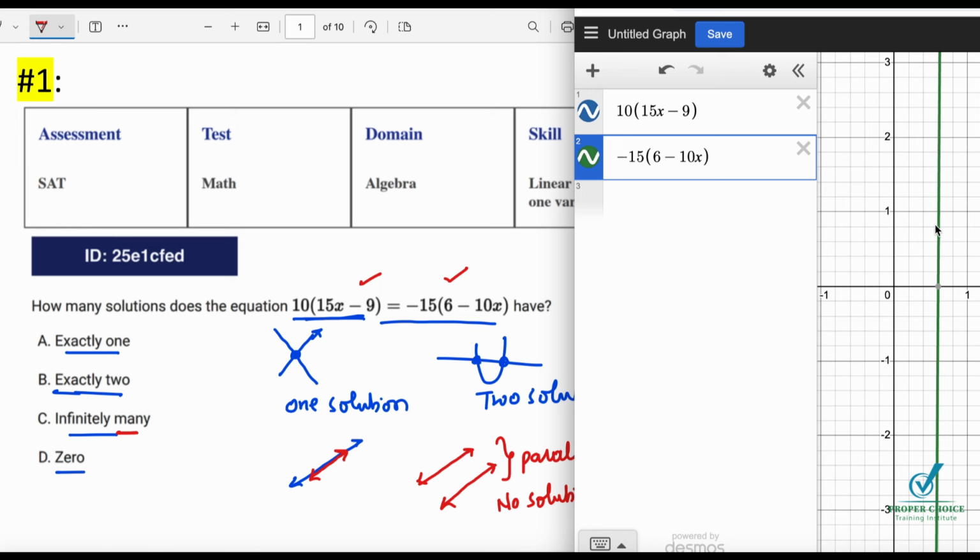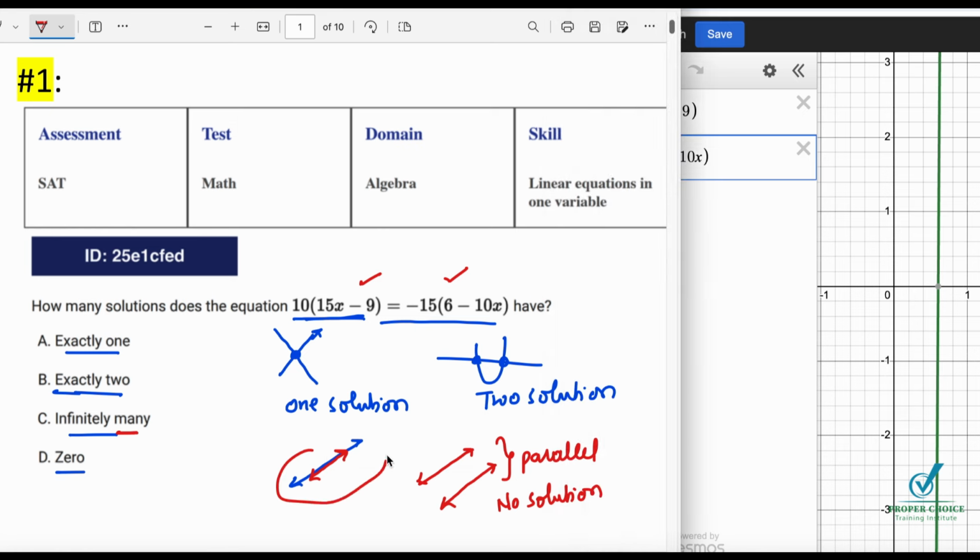Both are on top of each other, so with this condition, we use the words they have infinitely many solutions. You can solve it by just distributing and checking their coefficients, but today I'm gonna cover mainly the usage of the DESMOS graphing calculator. There are multiple ways to solve, so whichever you feel is best, you can go with that.